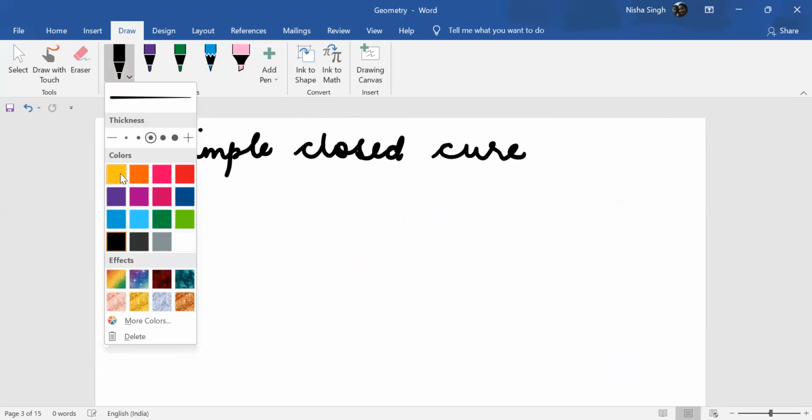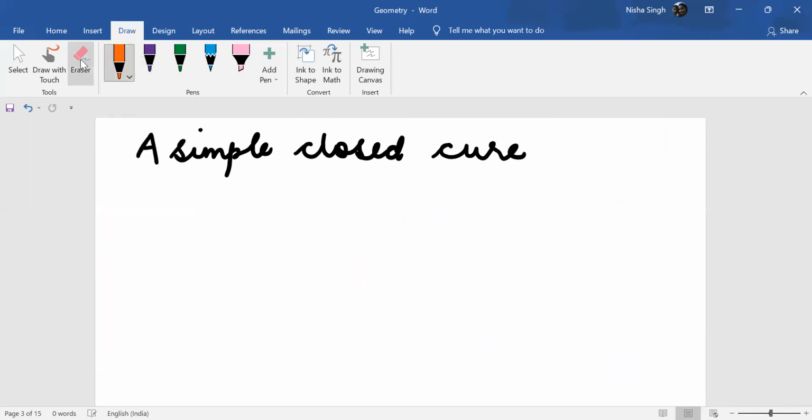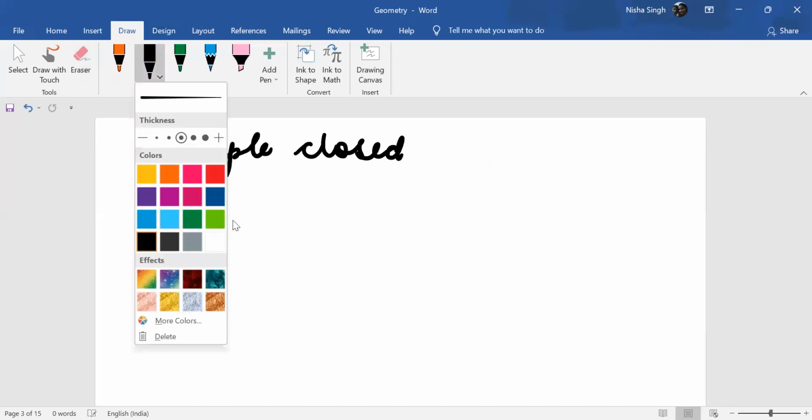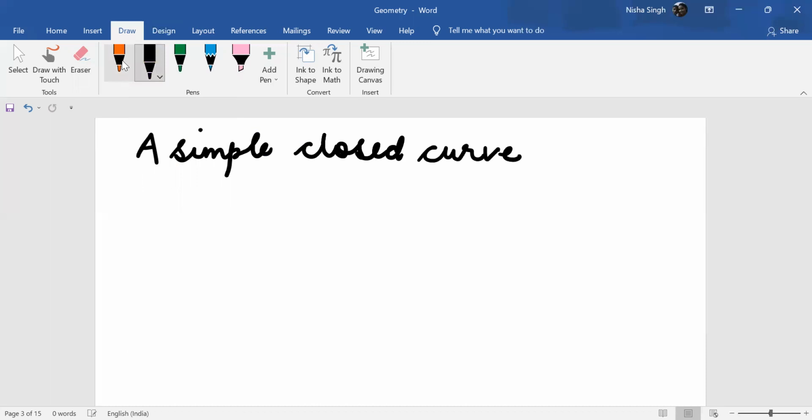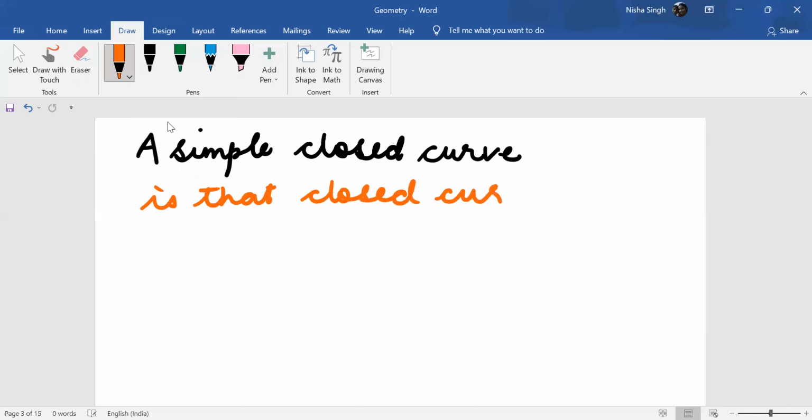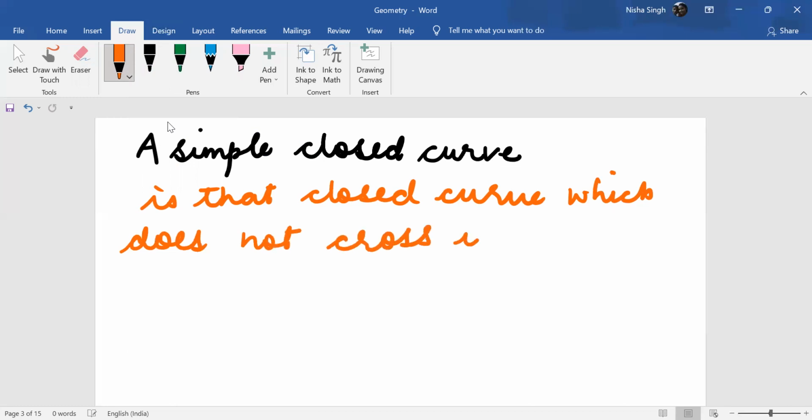A simple closed curve is that closed curve which does not cross itself, जो अपने आप को cross नहीं करता. They are this simple closed curve.